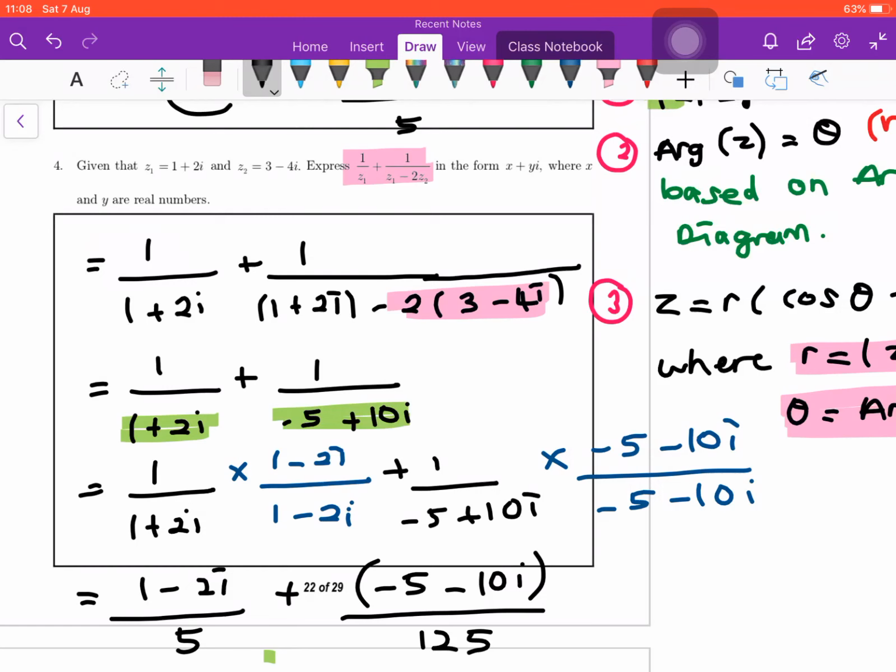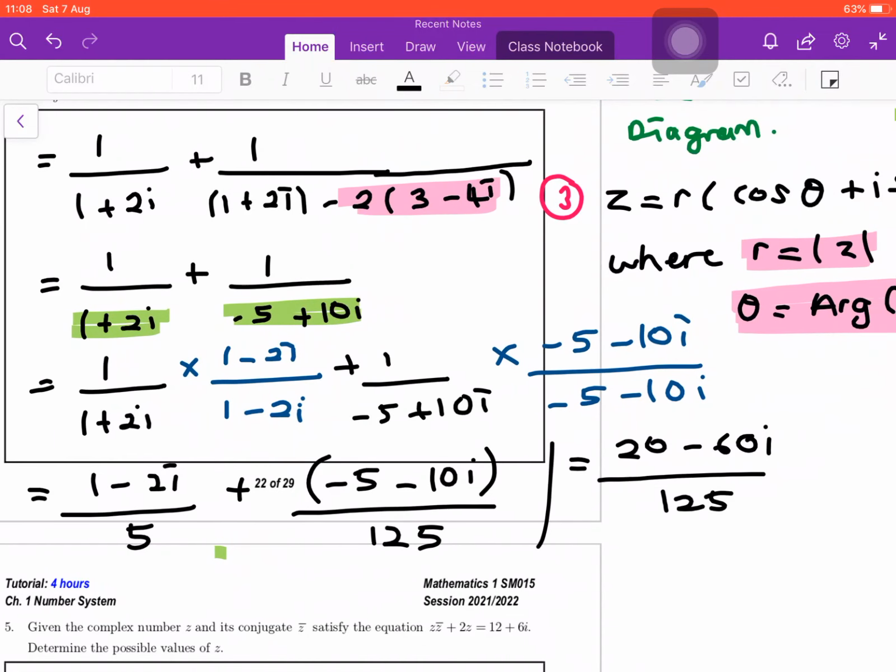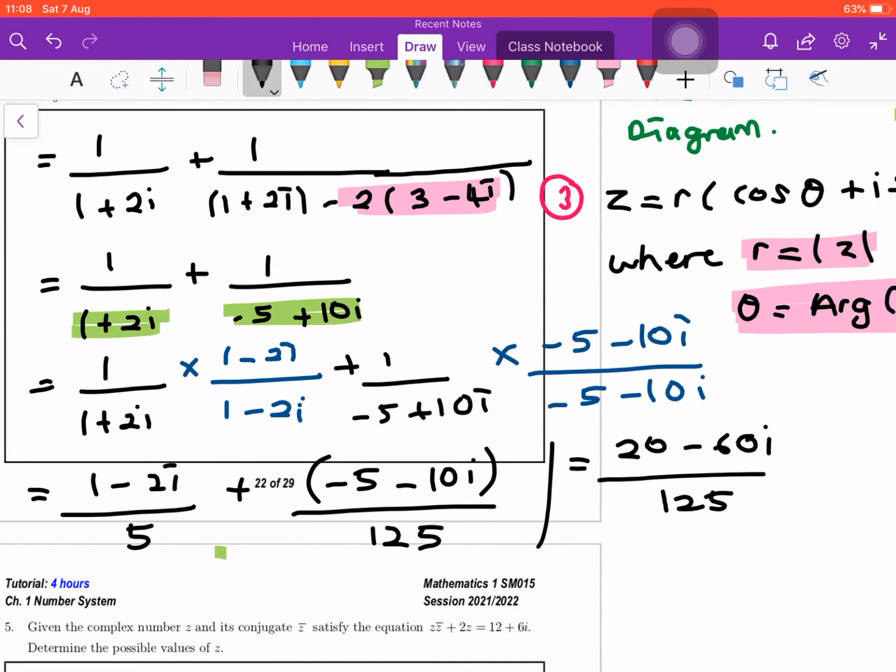So after you equalize the denominator, you should get 20 minus 60i over 125. So you can stop here, or if you look here, we can simplify the fraction further. If we want to leave the answer, leave it in simplified form.